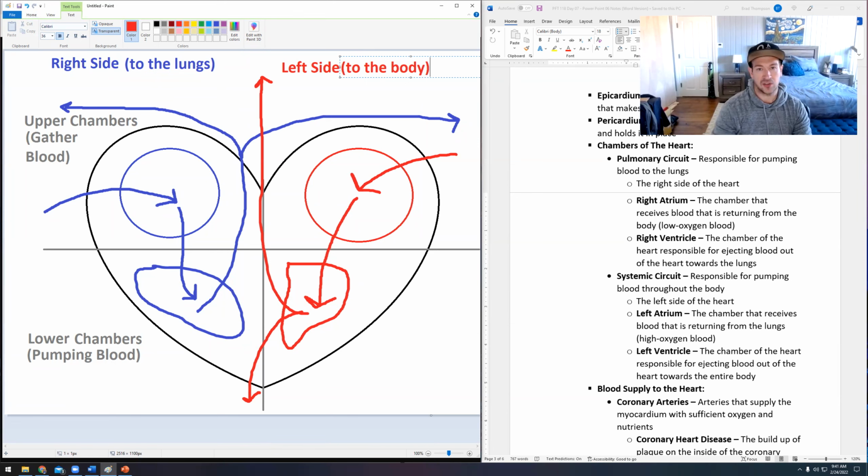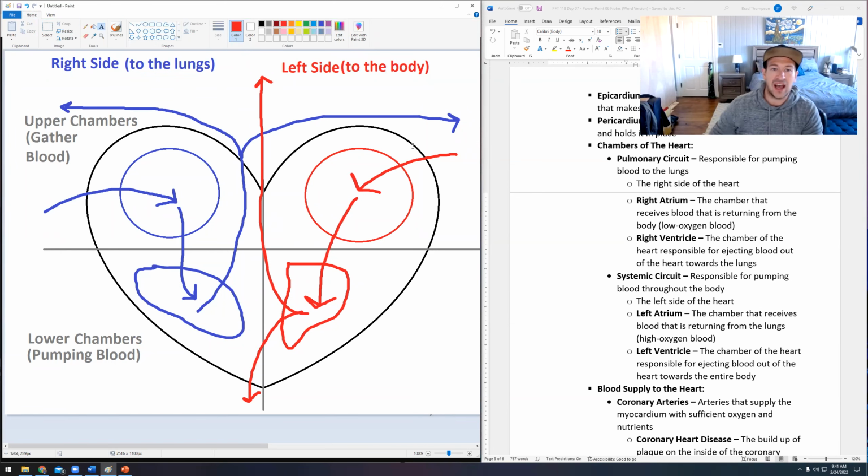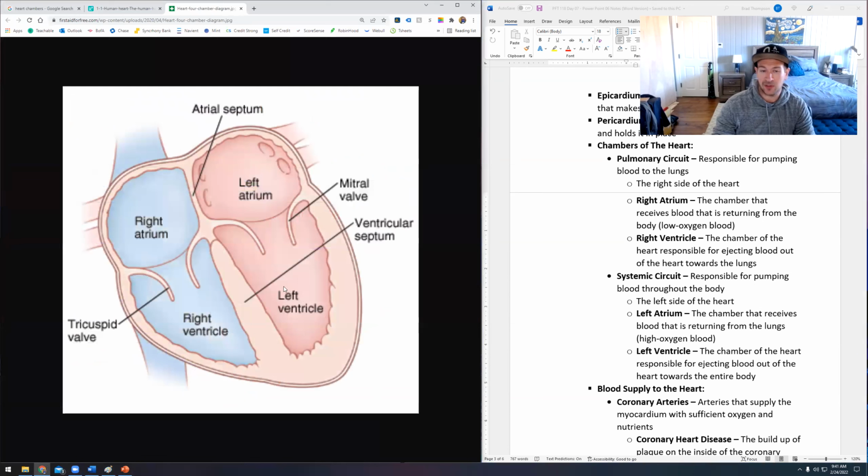And now our 4-quadrant chart is complete, right? We've got these different chambers going to different spots. So if you remember the left ventricle, you'll remember that it goes throughout your entire body. You are feeling the left ventricle when you feel your pulse. Right ventricle goes to the lungs.